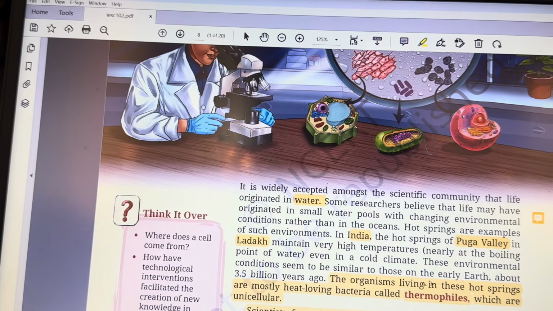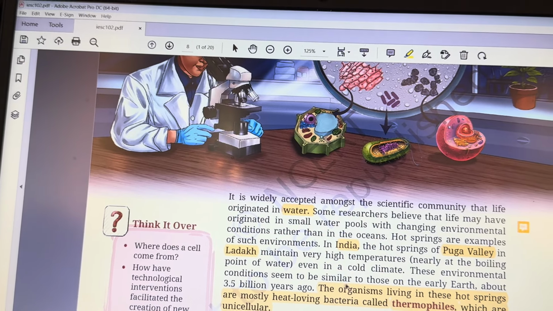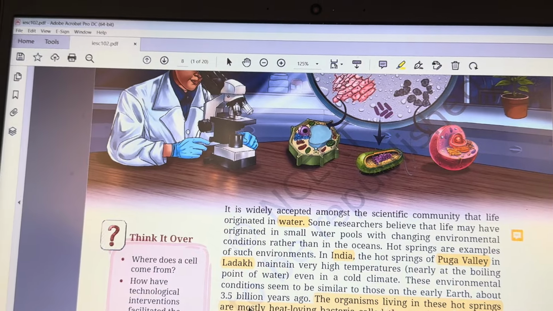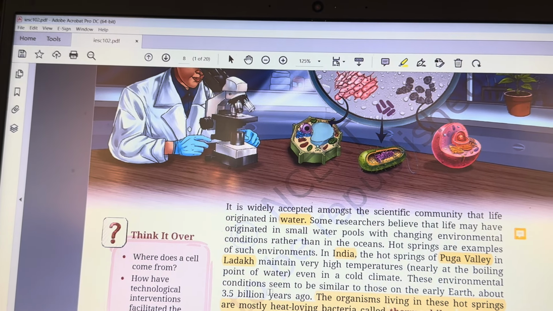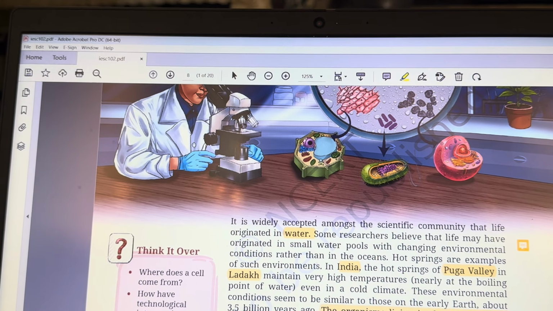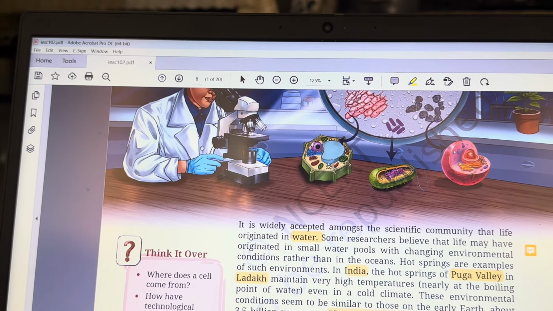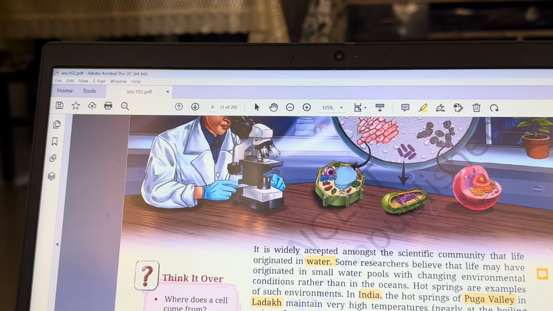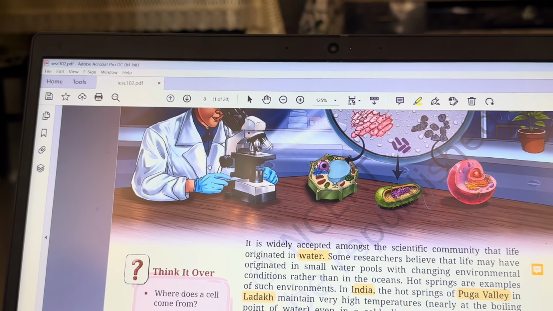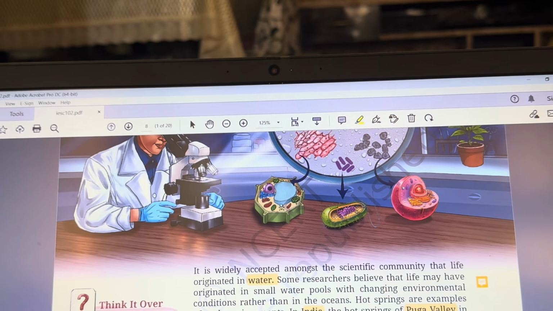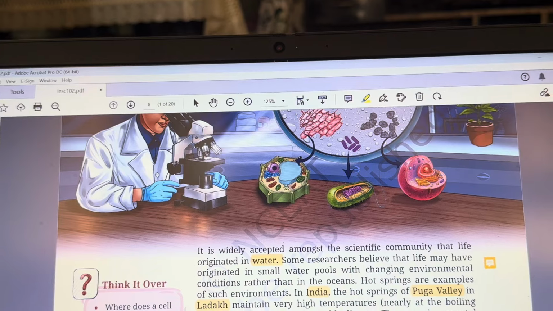These environmental conditions seem to be similar to those on the early Earth about 3.5 billion years ago. The organisms living in these hot springs are mostly heat-loving bacteria, because many bacteria can't survive in very hot temperatures. But there are a few bacteria which can survive in very high temperatures, that are heat-loving bacteria.